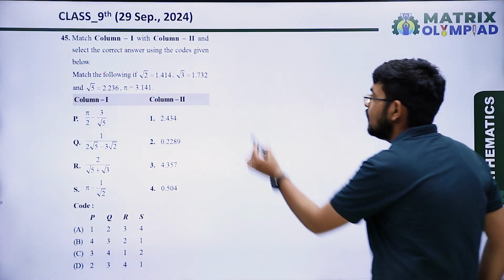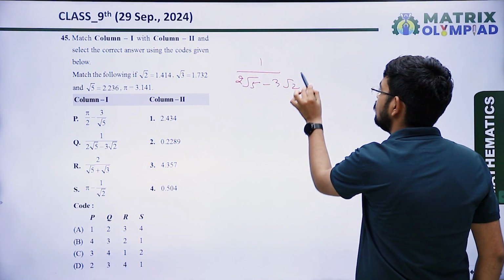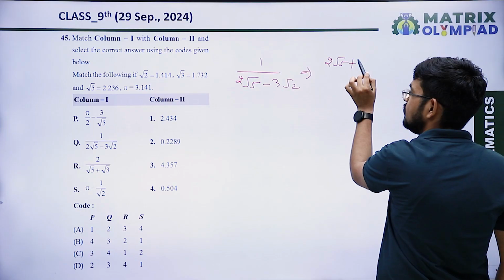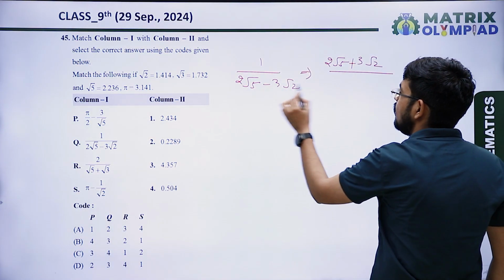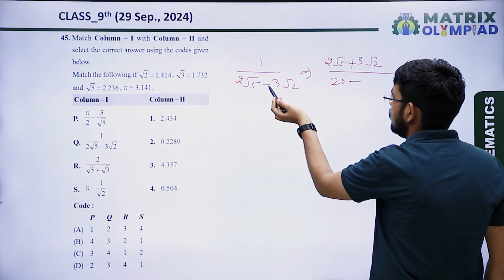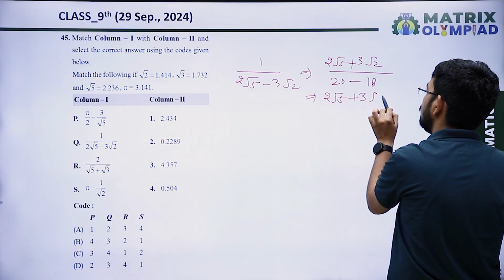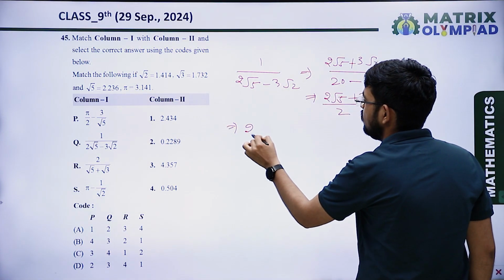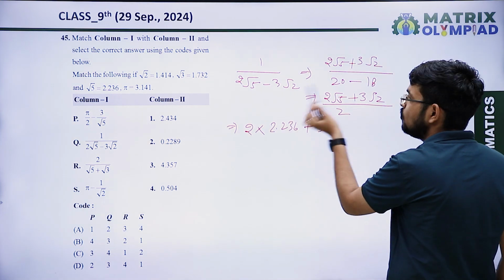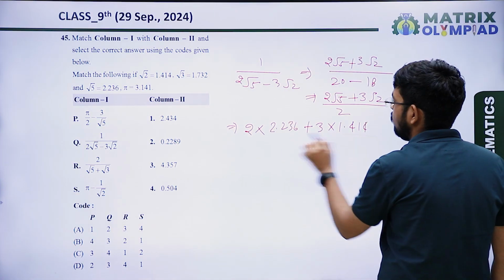Now second, Q: 1 upon 2 root 5 minus 3 root 2. After rationalization you will get (2 root 5 plus 3 root 2) upon (20 minus 18). So you will get (2 root 5 plus 3 root 2) upon 2. So 2 into root 5, 2.236, plus 3 into root 2, 1.414, upon 2.